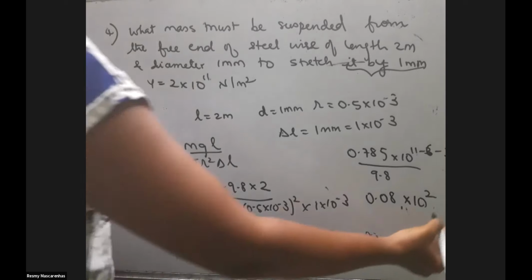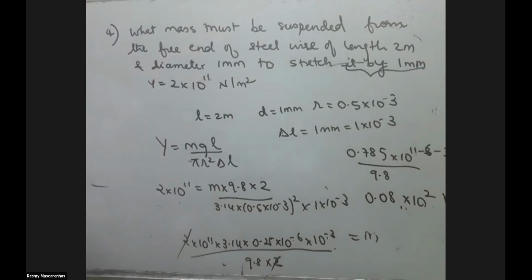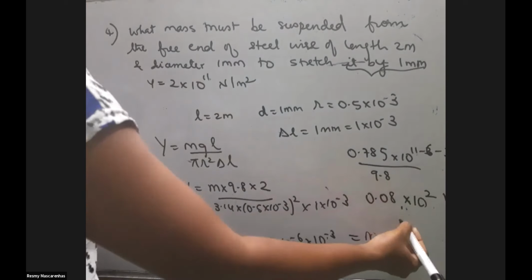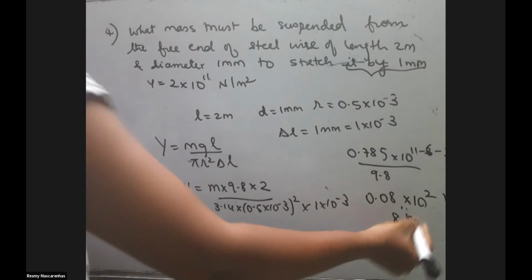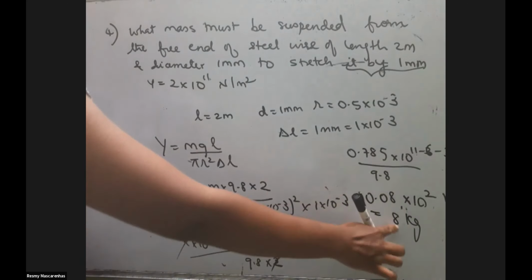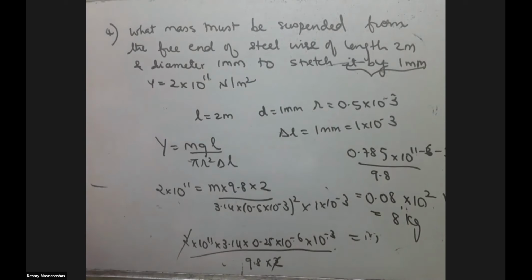Mass that will be kg. Basically, when we multiply this, it will be 8 kg, because 2 decimal places will get shifted.